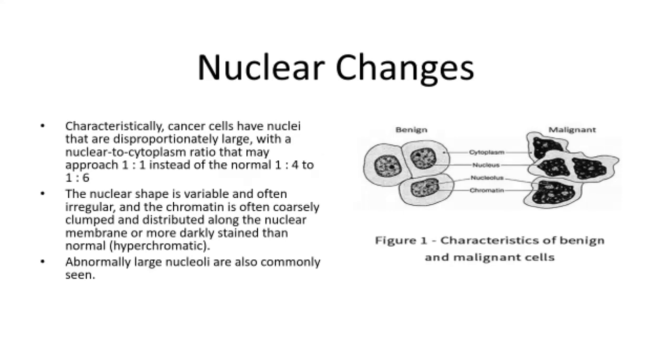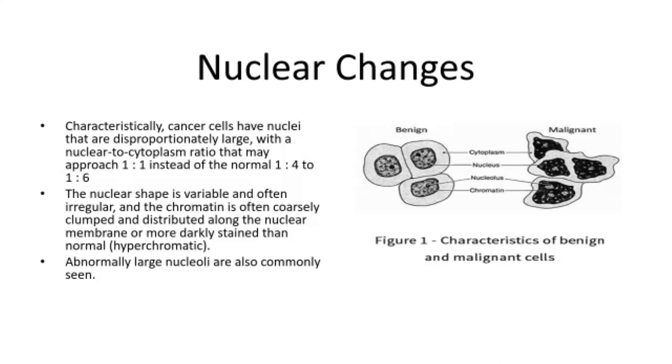What does the nucleus have usually? The nucleus has the DNA. What is the function of DNA? DNA codes for proteins and all the substances. But what happens in malignancy? The nucleus starts dividing, and once it starts dividing, the nuclear size increases. As the nuclear size increases, the size of the cytoplasm dwindles.